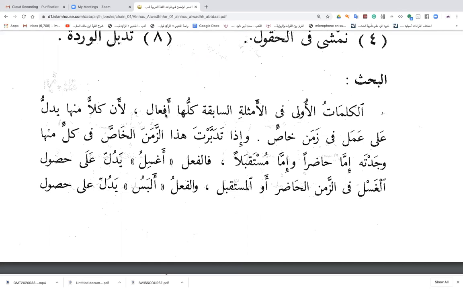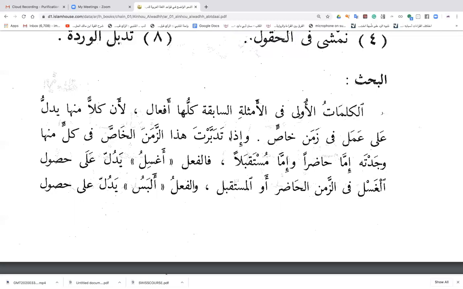All of them are verbs, لأن كل منها, because every single one of them يدل, signifies, على عمل, an action في زمن خاص, in a specific tense. وإذا تدبرت هذا الزمن الخاص في كل منها وجدته إما حاضرا أو إما مستقبلا.